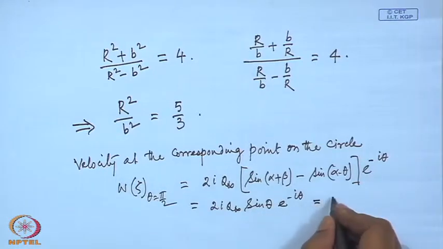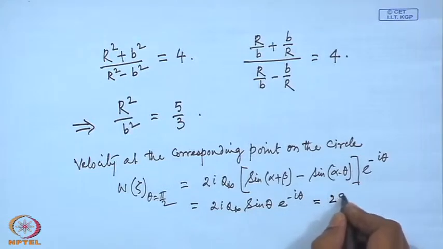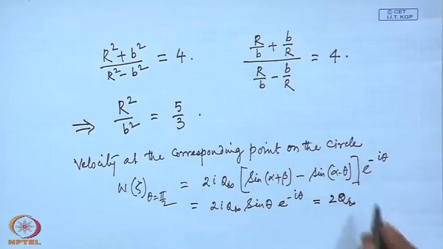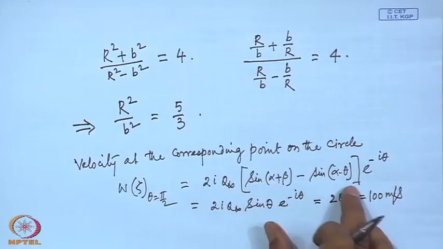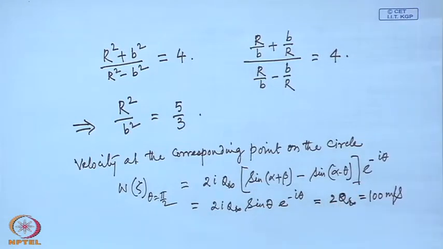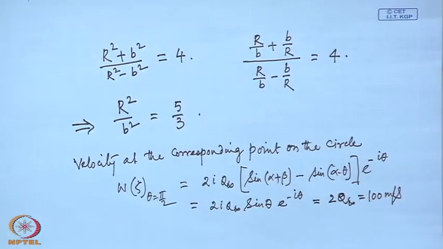So, this will make it simply 2 q infinity, that is 100 meter per second. This also comes directly from the velocity formula for the circle that we did earlier. So, if you remember, you can directly use it instead of writing this expression, you can directly write the velocity at that point.